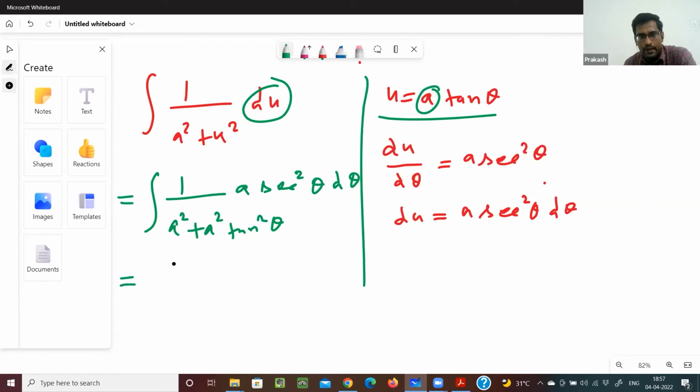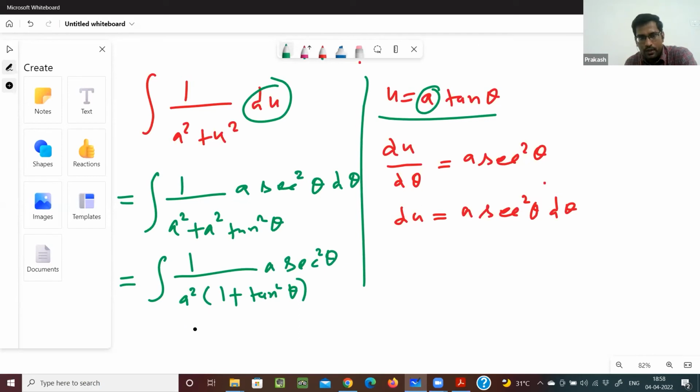So here, in the integral, a square is common: a square into 1 plus tan square theta, that is a square plus a square tan square theta, and here a into secant square theta d theta.